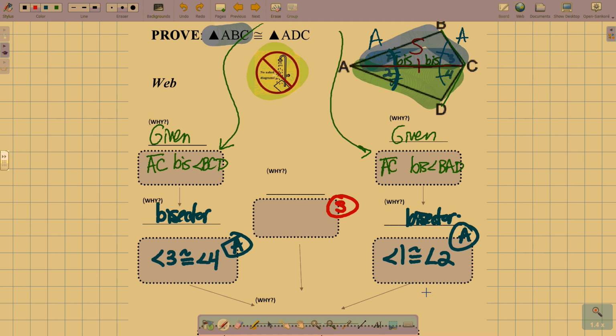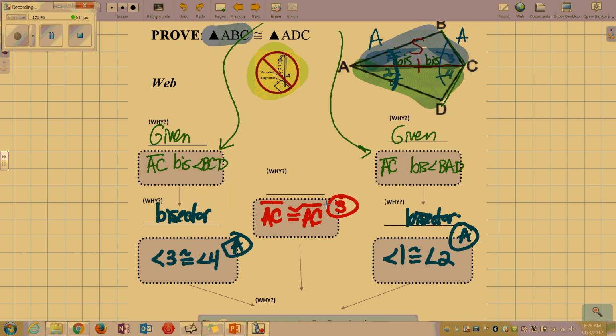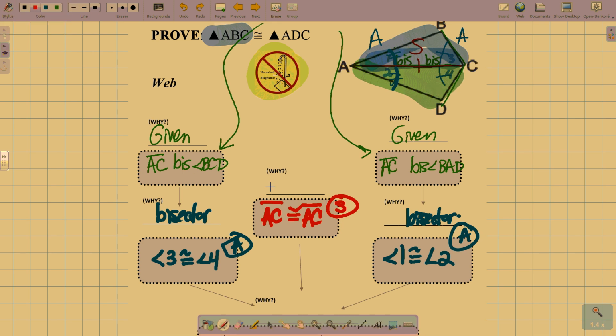Okay, the bisector is not physically connected with this middle piece because this middle piece is freestanding. It's a freebie. So my freebie is this: AC is congruent to AC. And the reason is reflexive. Get out of the fat pen, it's hard to read that.